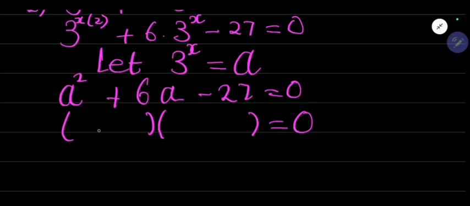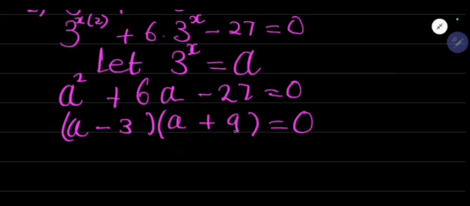So I'm going to open 2 brackets here. The factors of a squared are a and a. And then the factors of minus 27 that add up to 6 are minus 3 and plus 9.